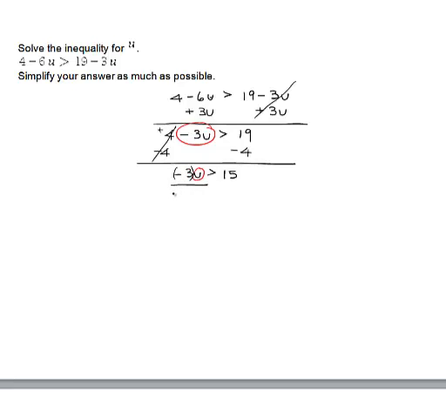So I have to divide this side by negative 3, and 15 by negative 3 as well. But we've got to be careful here. Because I have a negative, I've got to make sure that I change my inequality sign to swap that around. Okay, so now that I've taken care of that, my negative 3s cancel. I simply have u, and I have 15 divided by negative 3, and that's u is less than negative 5.